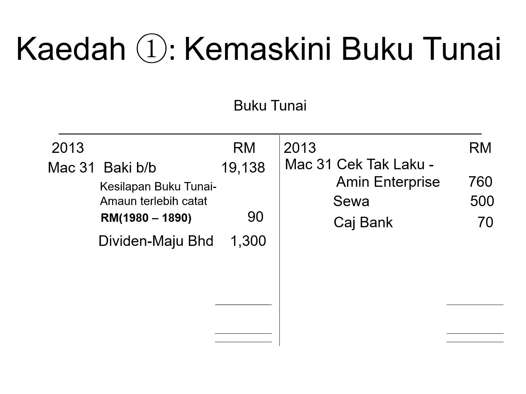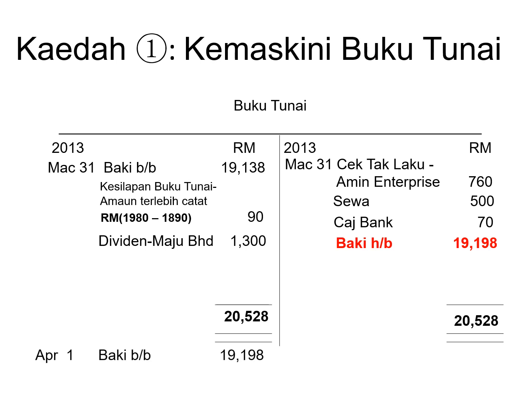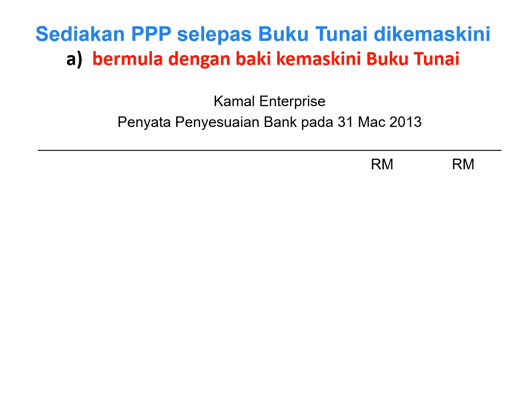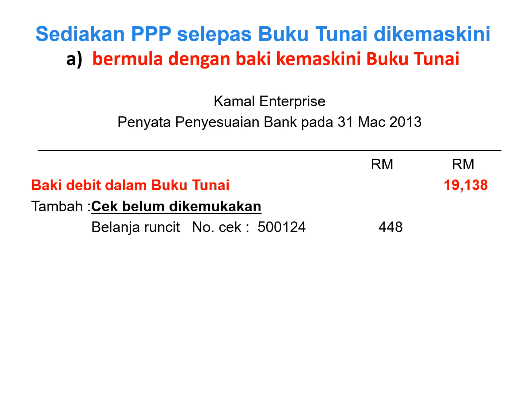Okay, after you have updated all this, then you find out what is the balance. Find out what is the balancing figure. It should be 19138. So this is the updated figure. So you bring down and you start doing your Penyata Penyesuai Bank. So you use that figure 19138. And whatever figure you need to plus, you plus lah because the buku tunai is less money.